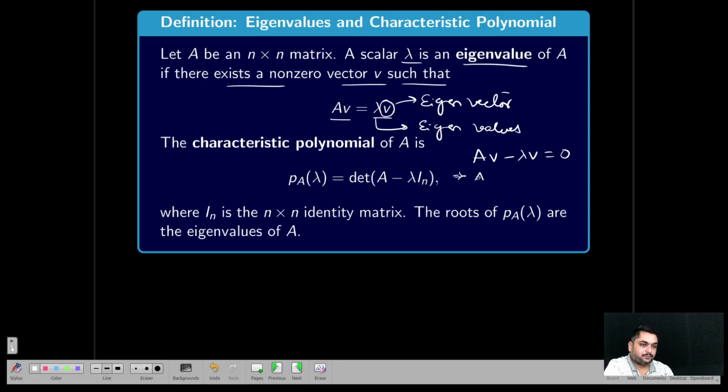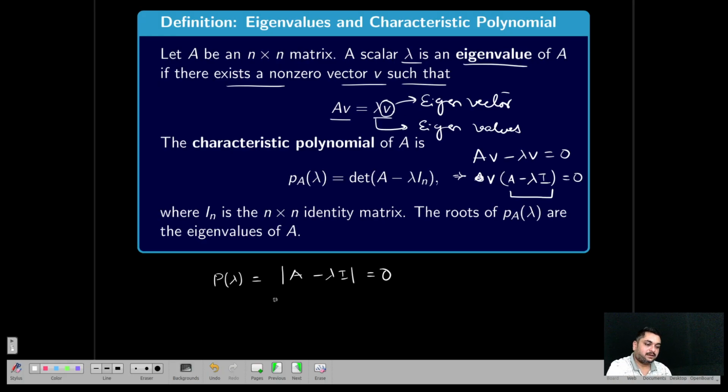If I take v common, (A minus lambda I) v equals 0. To find v, we take the determinant: determinant of (A minus lambda I) equals 0. For this you get a polynomial equation with lambda as a term, say lambda square minus 3 lambda plus 2, something like that. Then you can find the eigenvalues easily.